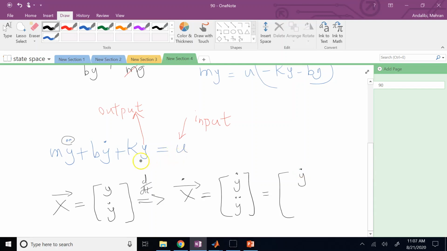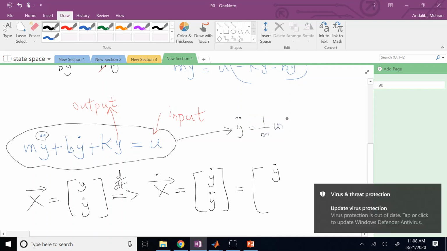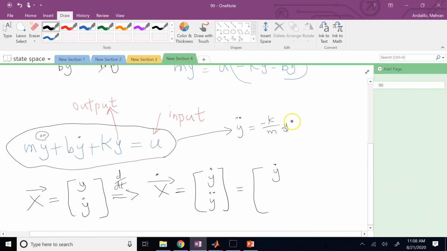How do I find it? As I said, you always find it from your governing equation, just like what you did in Simulink. You find y double dot based on everything else. So what is y double dot here? If I start from the y, it's going to be negative k over m times y, negative b over m times y dot, and plus 1 over m times u. And now I just write it down here.